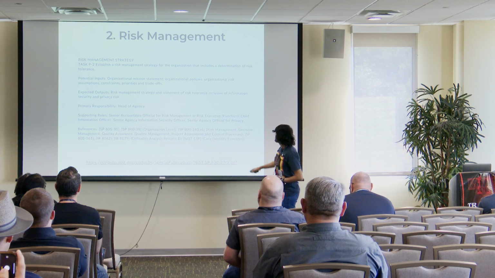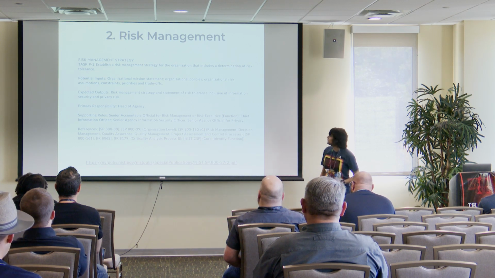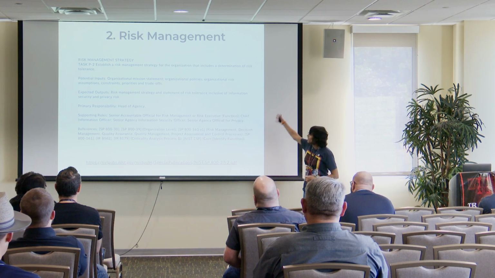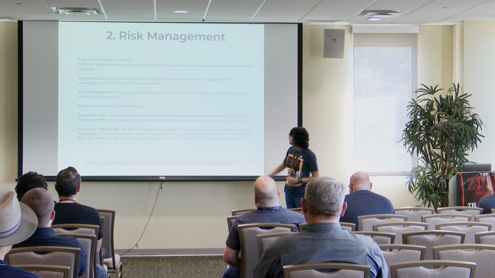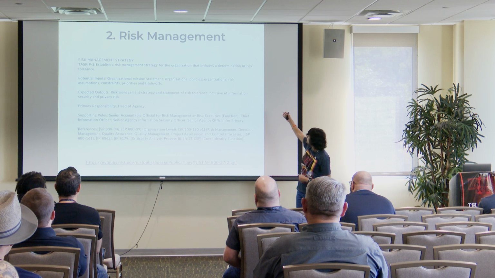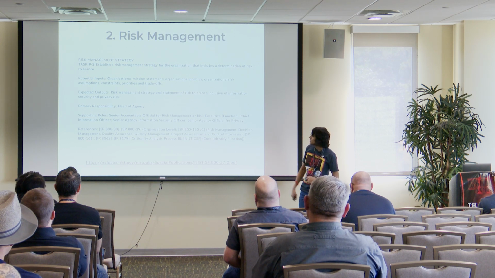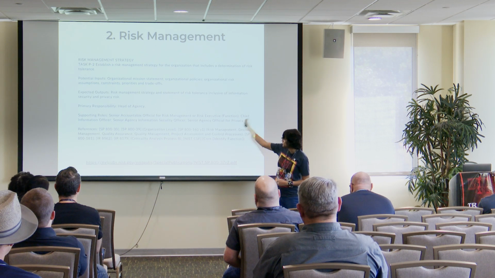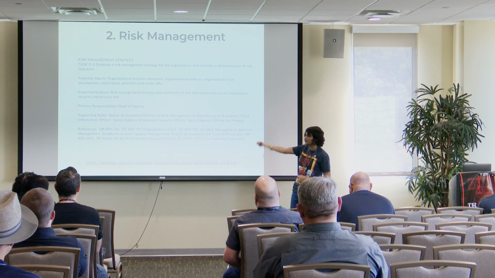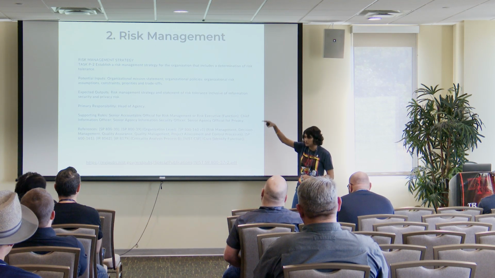So 837 R2 defines it as all of this, where we have a task which establishes a risk management strategy for the organization that includes a determination of risk tolerance. Then what are the potential inputs to do that? We have the organizational mission statement, and organizational policies, which the governance side also looks at.